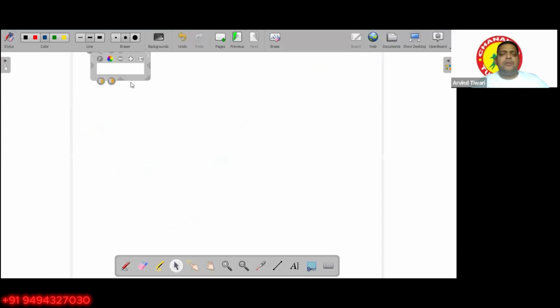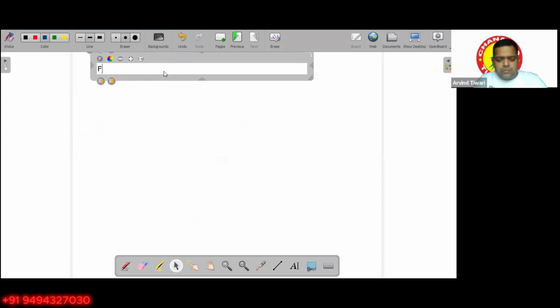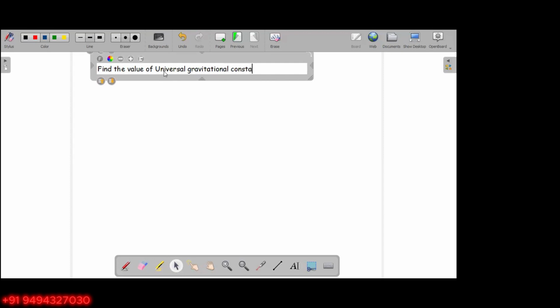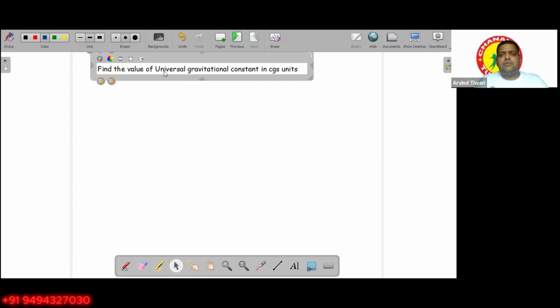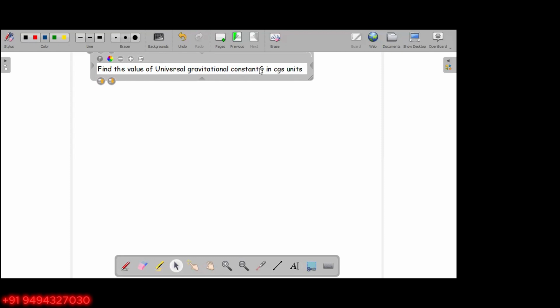As a part of homework, you have to find the value of the universal gravitational constant, that is capital G, in CGS units.